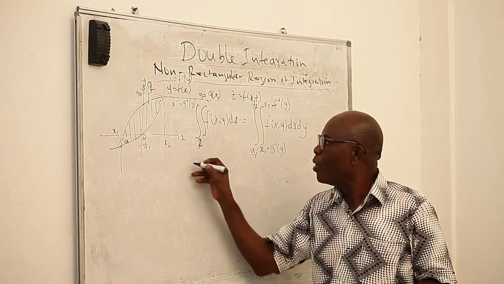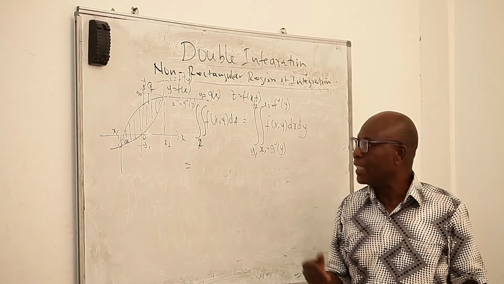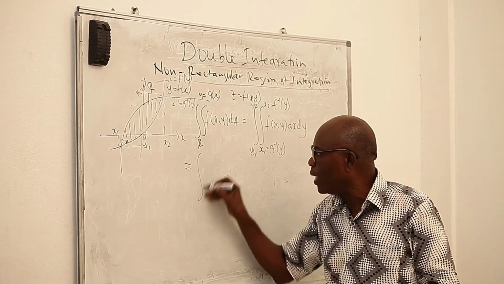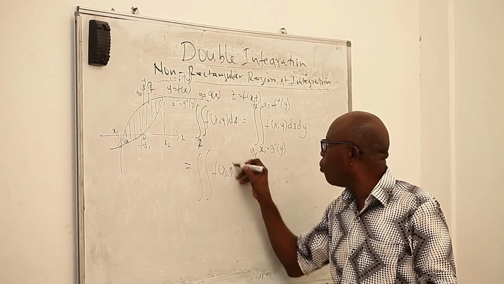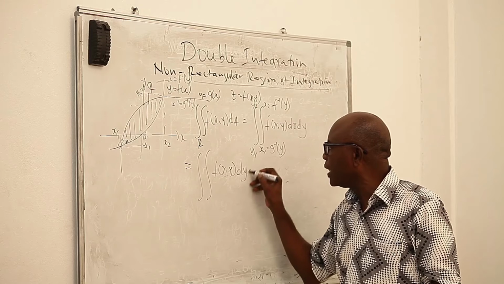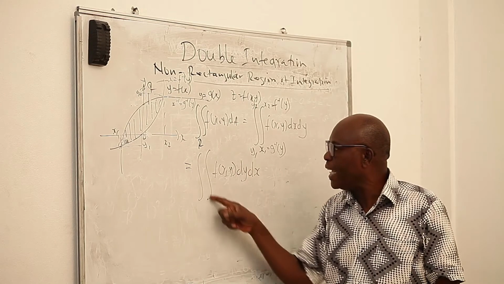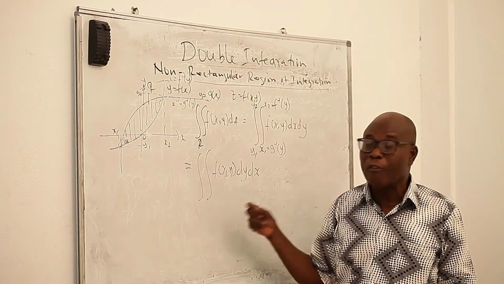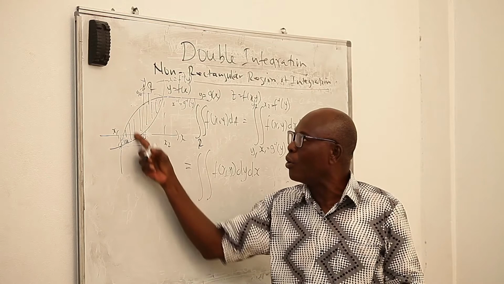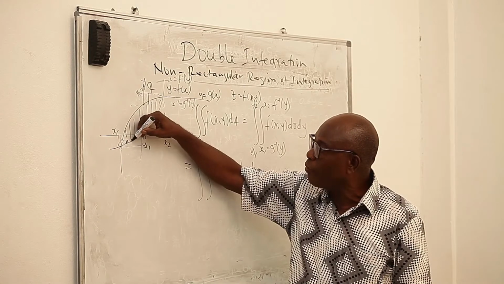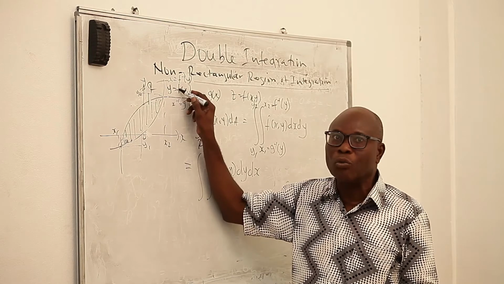Now, if we also want to work along the x-axis, our double integral of f of x and y, in this case dy dx, means that we work the inner integral first along the y-axis. If we are moving the strip along the y-axis, we start from the lower curve, which on the graph is y equal to f of x.